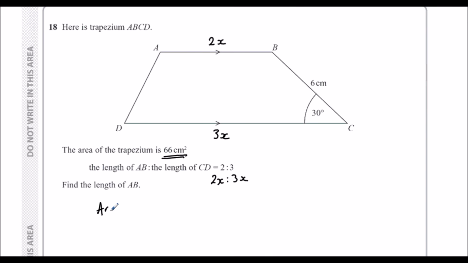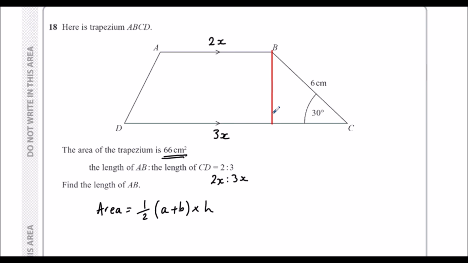So area of a trapezium is half the sum of the parallel sides. That will be our 2x and 3x, times the perpendicular height, the distance between them. Now we don't know the perpendicular height, but on the diagram we've been given a diagonal and an angle.